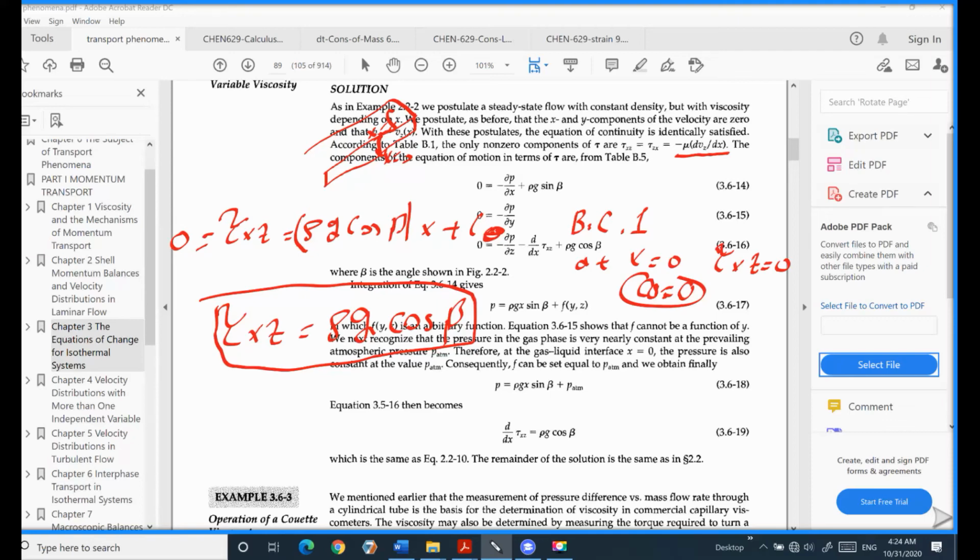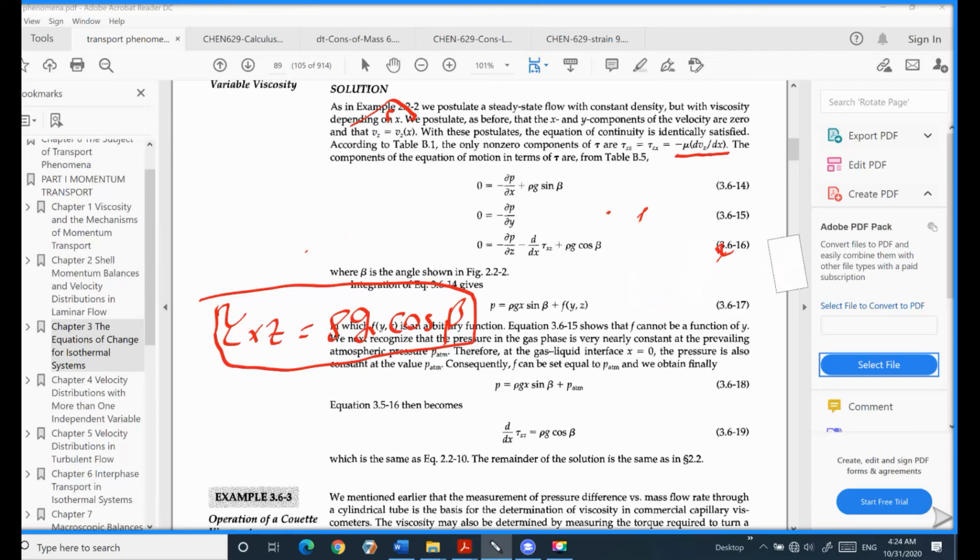Now in the second part, let's write the open form of this. What's this? It is going to be minus mu dvz over dx, equal to rho g cosine beta x.